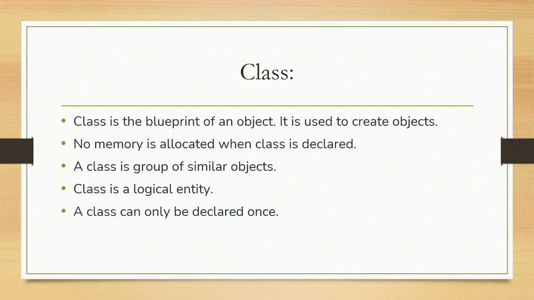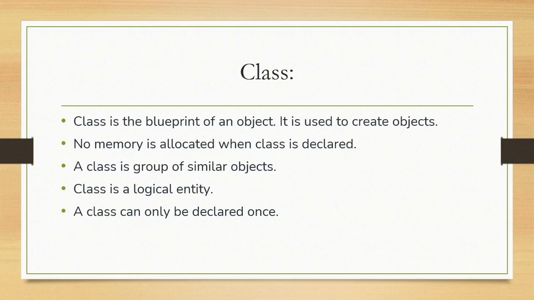Before that, there are two types of class: predefined class and user-defined class. What do you mean by predefined class and user-defined class? A predefined class is something which is already written inside the Java library. We just need to import it according to our usage.